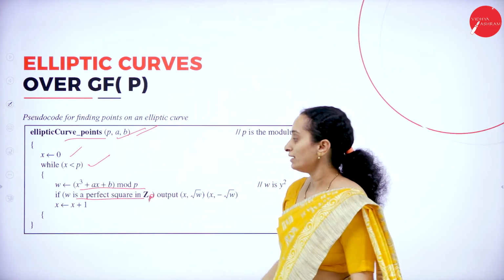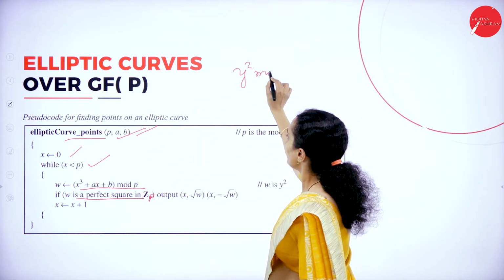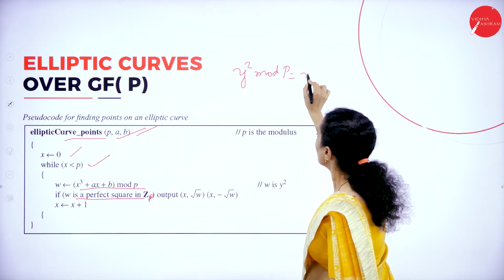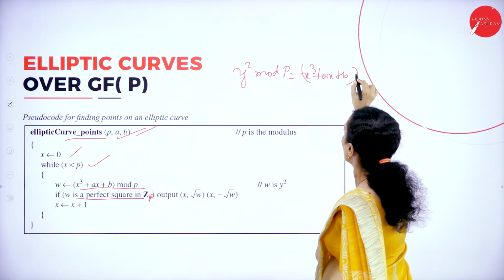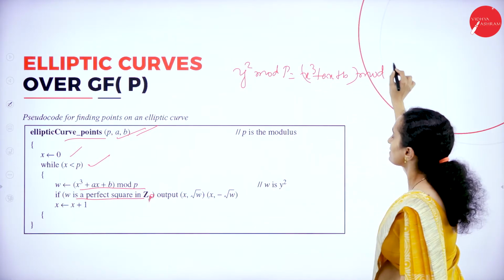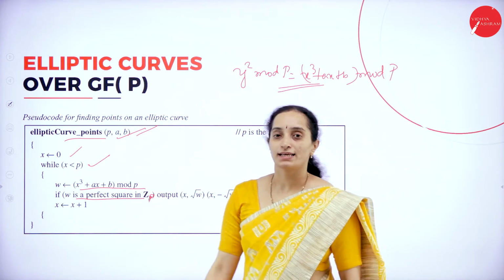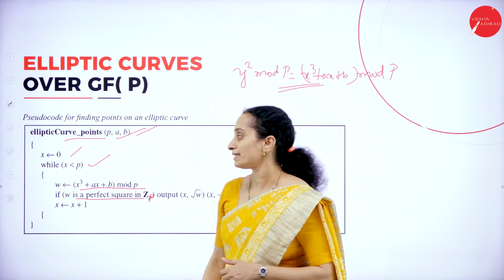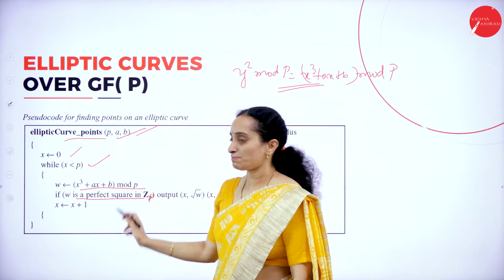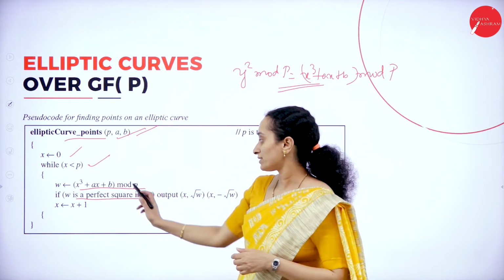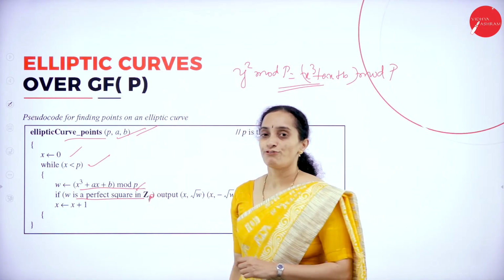The cubic equation will be modified like this: y square mod p is equal to x cube plus ax plus b mod p. Here p is the set of the primes. The cubic equation in case of primes will be considered like this. So we have w equal to x cubed plus ax plus b, that is the cubic equation that we use, for which the modulus operation is done by the set of primes.